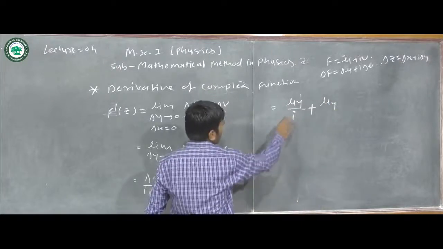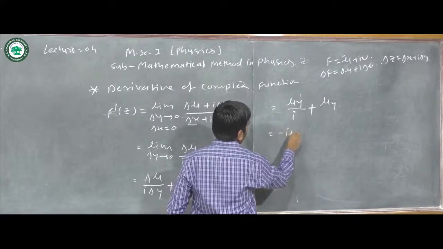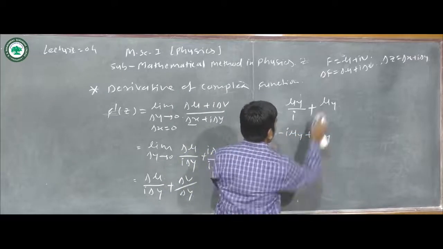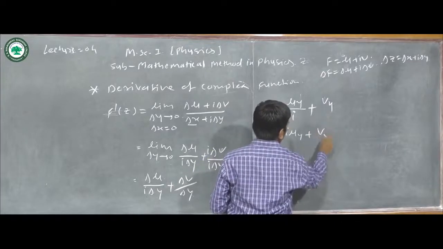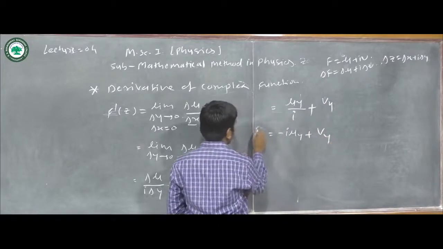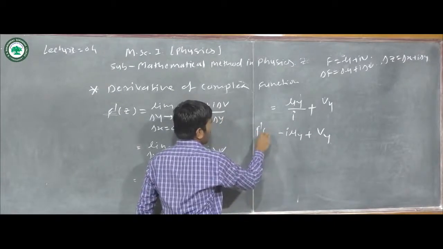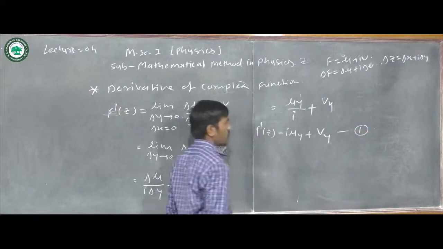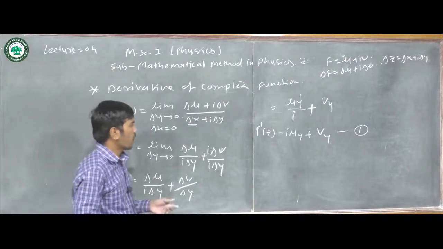Okay, so I can write this minus u_y plus i v_y, this is v_y and this is v_y. Okay, this is the first part, that is f'(z). This is the result after applying the first approaching case.